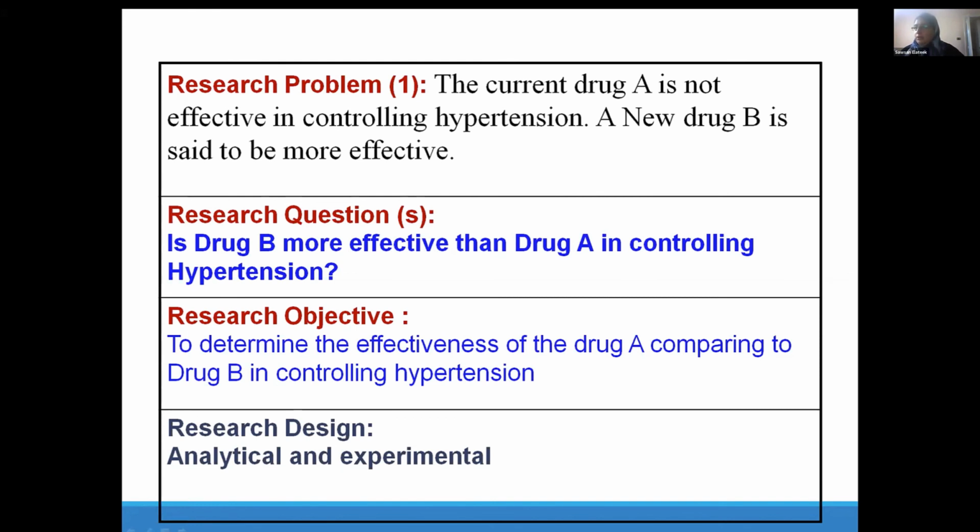The objective is to determine the effectiveness of drug A compared to drug B. And that led us to deciding that it's analytical and experimental. So anyone from the other group has any comments on that?